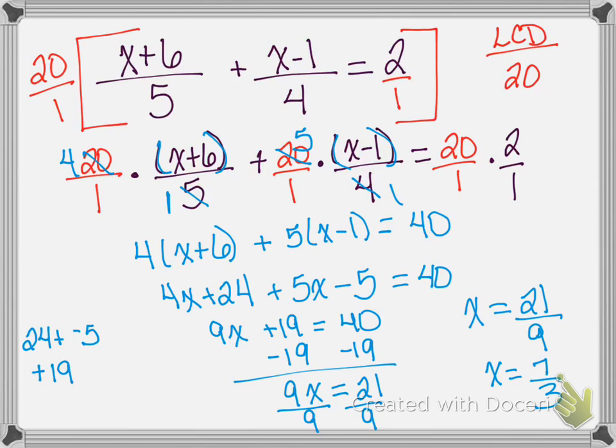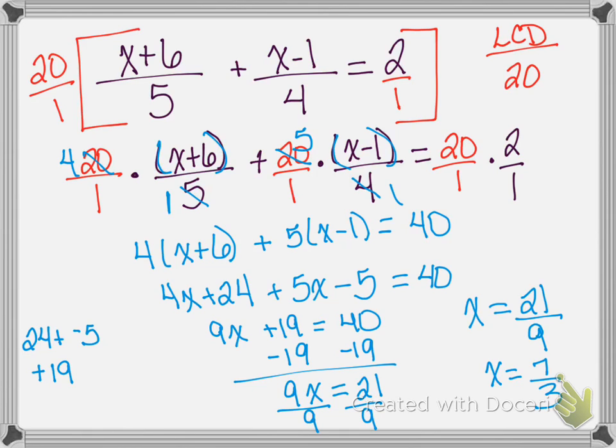Now, students will say, but Alicia, you said we didn't have to simplify an improper fraction. You said we could leave it as 21 over 9. You can leave it as 7 over 3. So 7 over 3 is an improper fraction because you've got a bigger number over a smaller number. But 21 over 9 does still need to be simplified, because 3 goes into both of those. Okay?